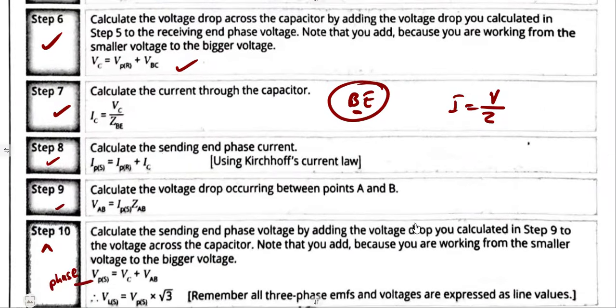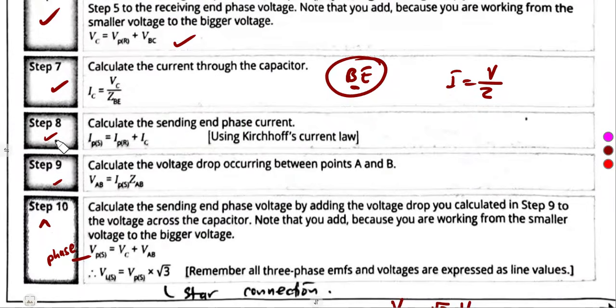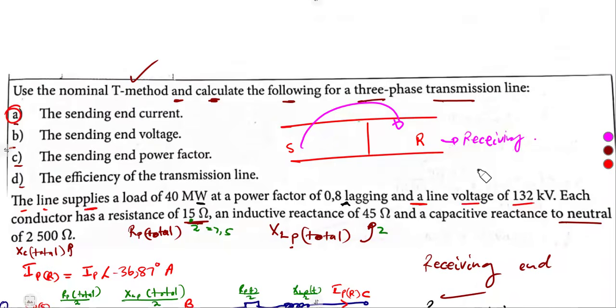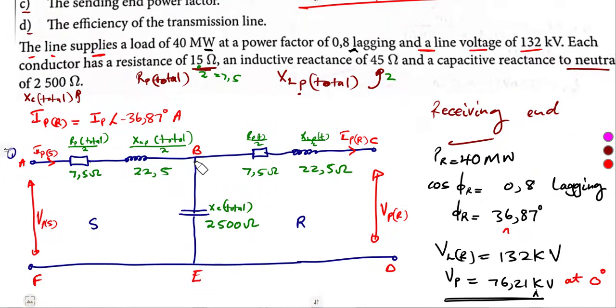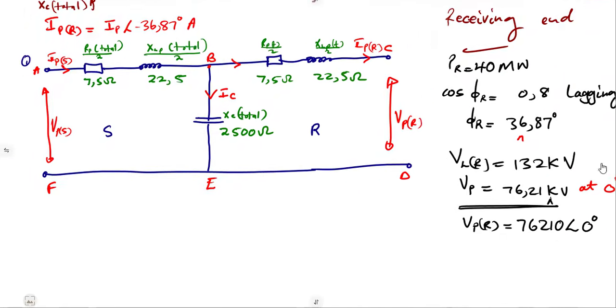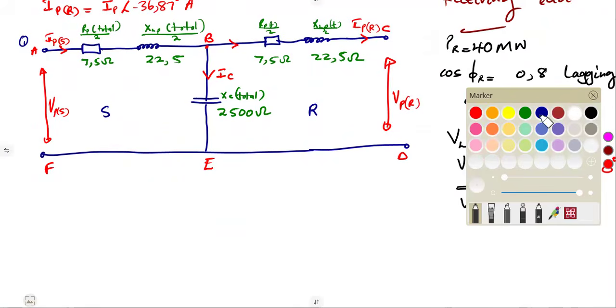where we calculate the sending end phase current from our Kirchhoff's law. As we understand, guys, from the diagram, the sending end current is this one that is entering. It enters here, another current branches here, and another current goes across the capacitor. So we're going to add these two to obtain that one. That is very, very true, guys.